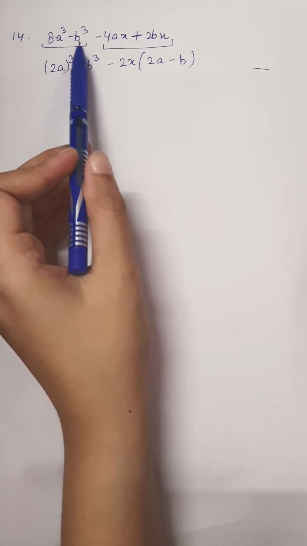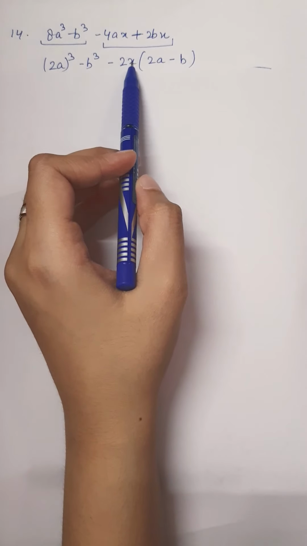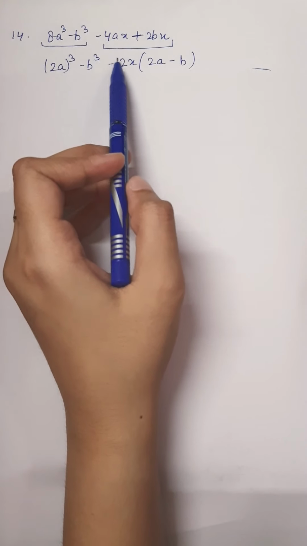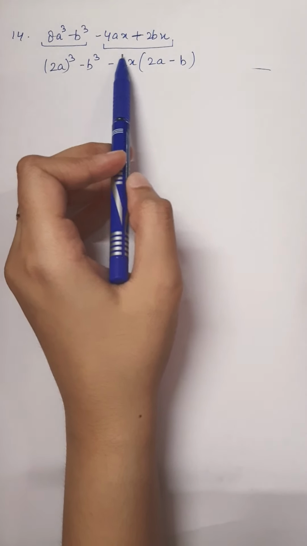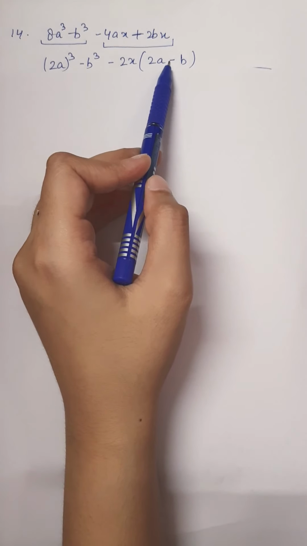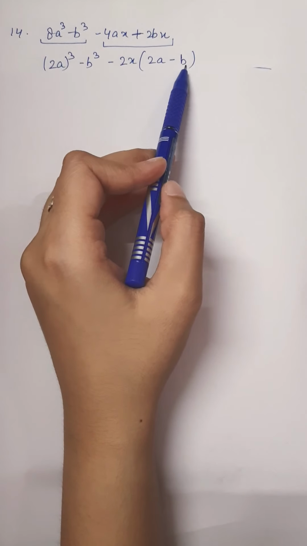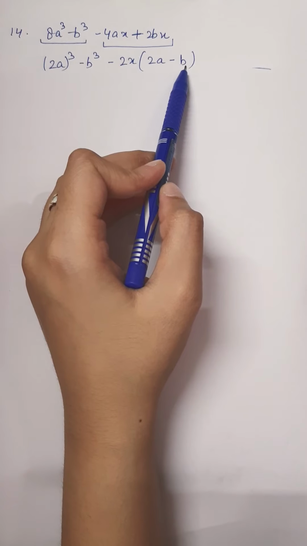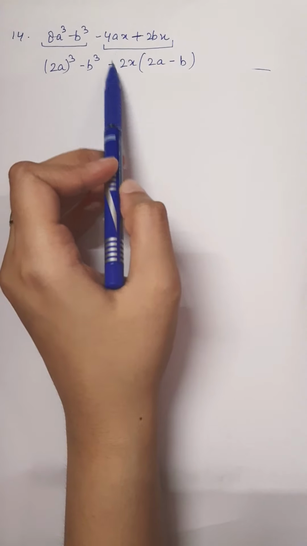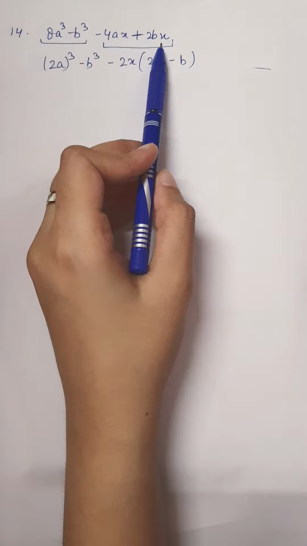2a whole cube minus b whole cube, and from the second group I have taken minus common, 2x common. So from here minus 2, so 2 left and a also left. Here since minus is common, so here minus is only left, 2 common, nothing left, x common, nothing left, so b. If you have any doubt, you can multiply back this into this, 4ax with a minus sign, and this into this, minus minus plus 2bx.